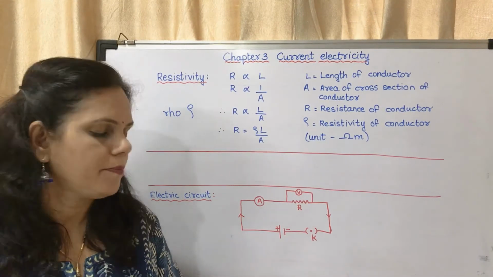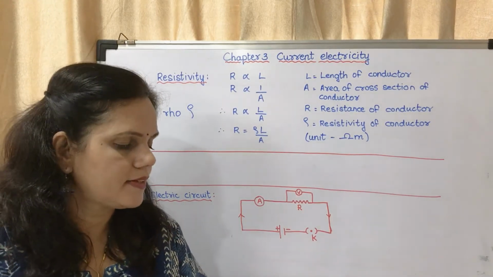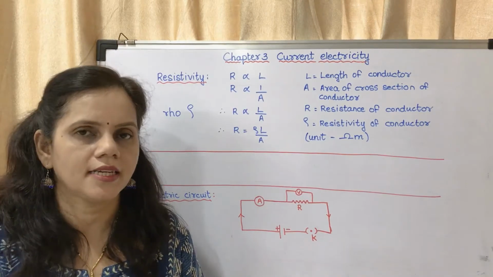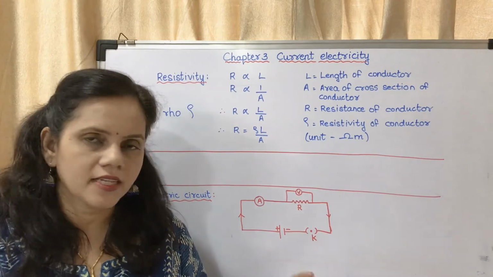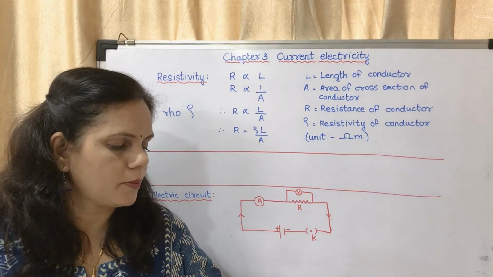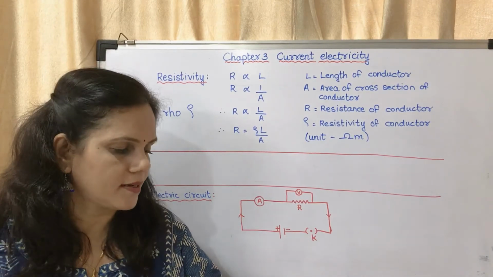On page number 35, there is a box given, resistivity of some materials. That is important. It could be asked as MCQ questions, multiple choice questions. Generally, the resistivity of copper is asked. It is 1.7 into 10 raised to minus 8 ohm meter.